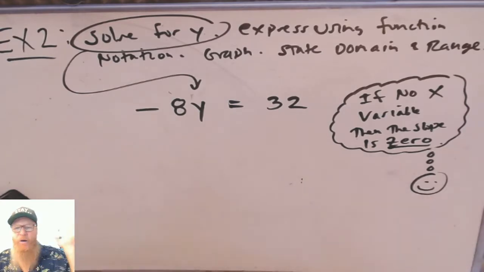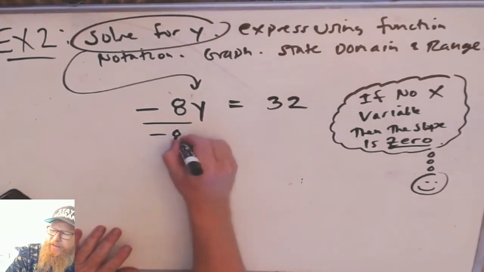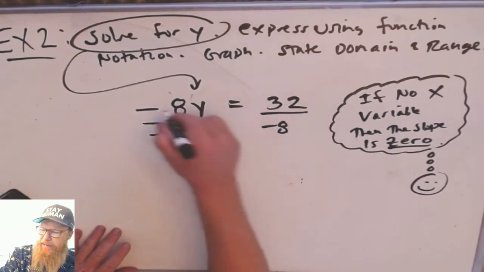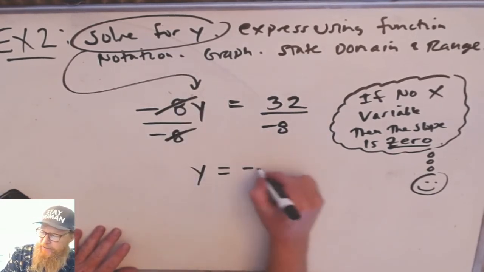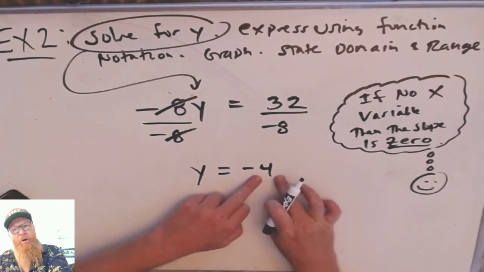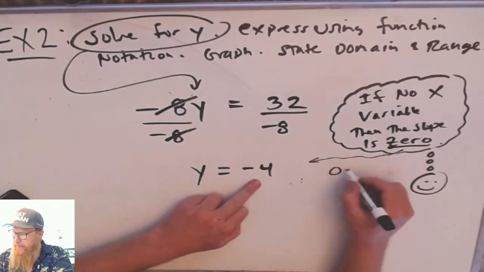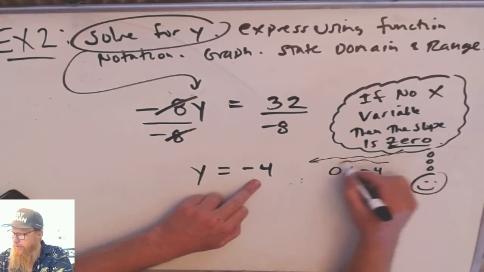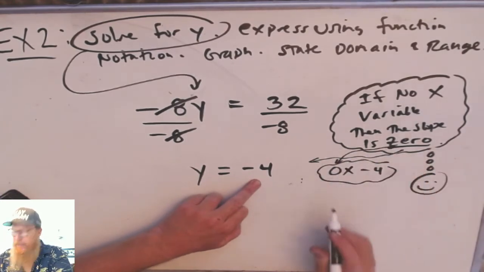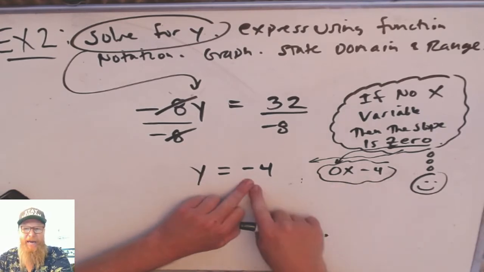Yeah, I already know that before I even start the problem. Not a bad idea to kind of know what you're getting at here. So for this one, we only have one step. We're going to divide by negative 8. 32 divided by negative 8 is negative 4. What this really means is 0x minus 4. That's what that means. You don't need to write that, though. You could just write negative 4.